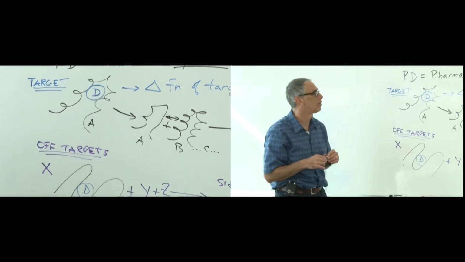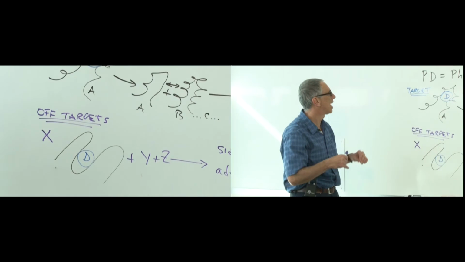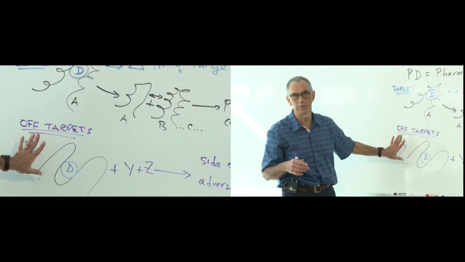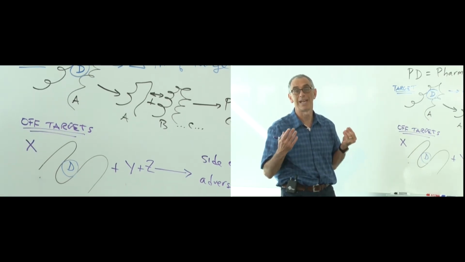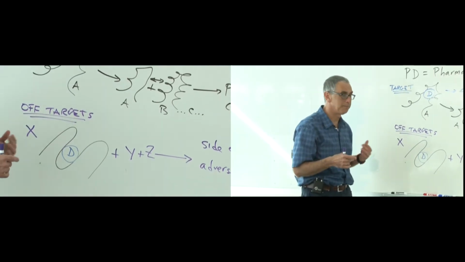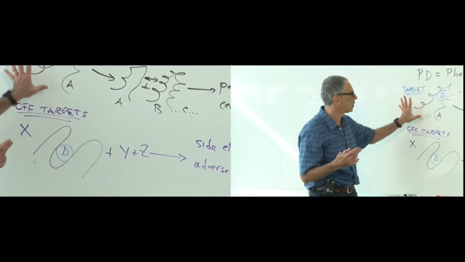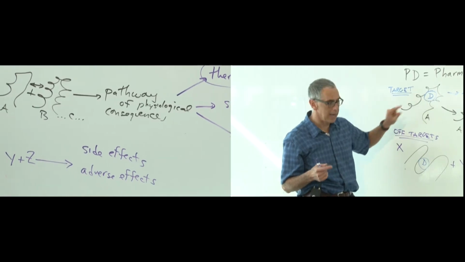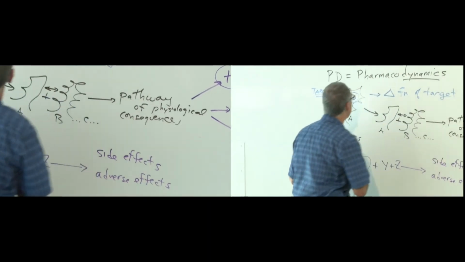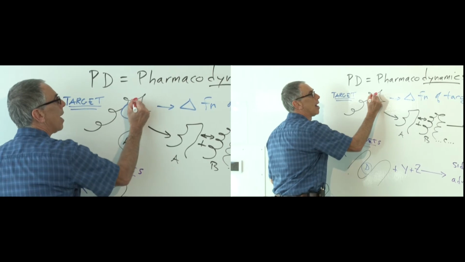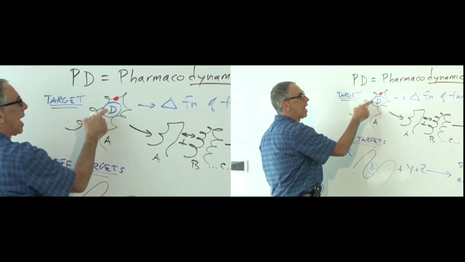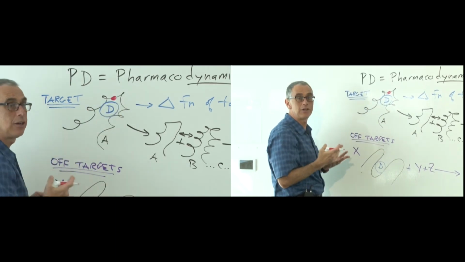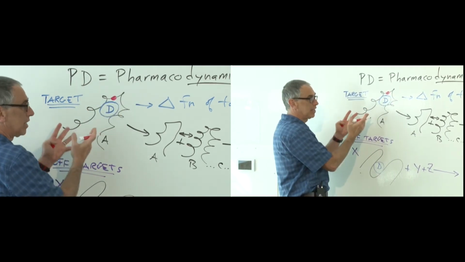The other important concept in the setting of pharmacogenetics is that, again, all of these proteins in both on and off-target pathways are coded for by genes. And so you could imagine that if there are genetic variations in any of these proteins, it could change the way the drug binds. Let's just be real specific. I could change an amino acid in this binding pocket right there that changes how tightly D binds to its target A, and that could change the effectiveness of the drug.